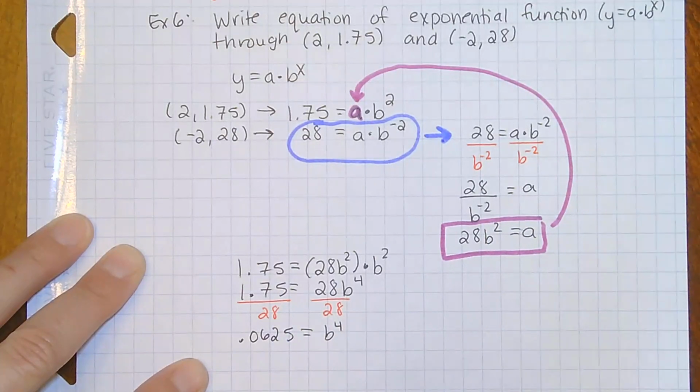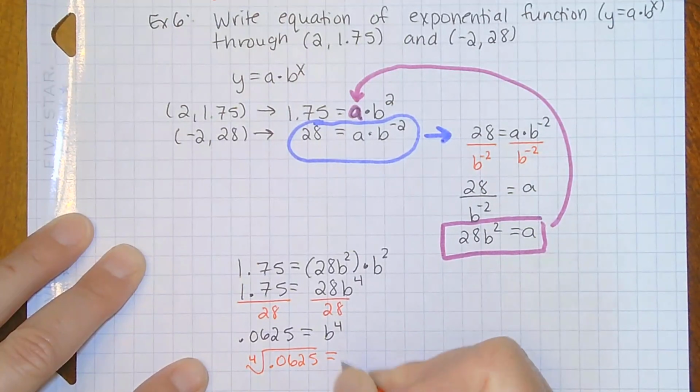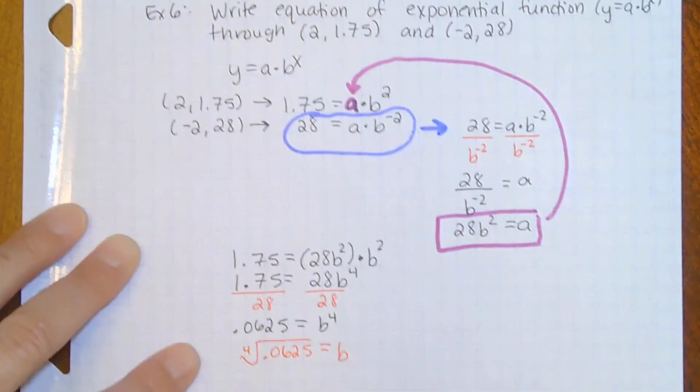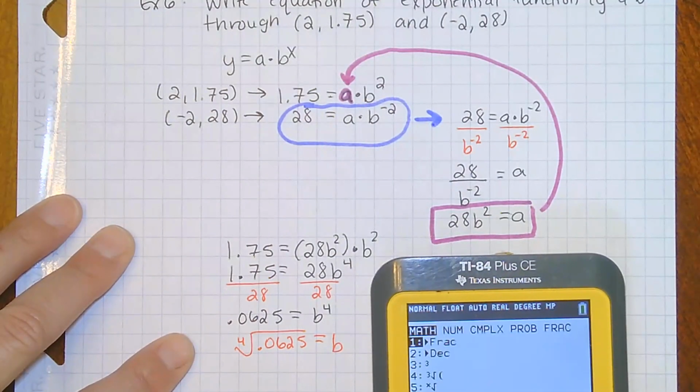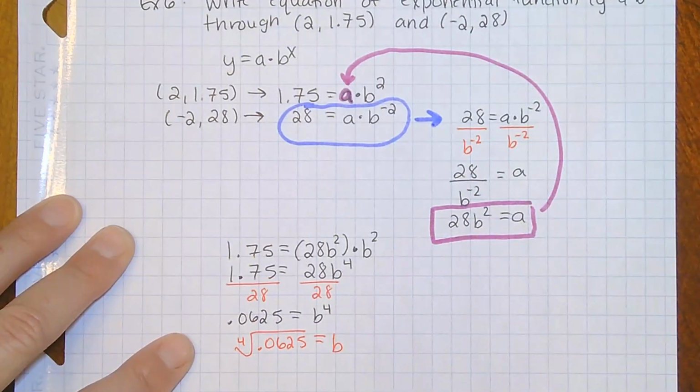And now I'm going to take the 4th root of both sides. So when I take the 4th root of 0.0625 and I take the 4th root of the other side, I get b. So when I put that into my calculator, okay, take the 4th root of, and I get 0.5.